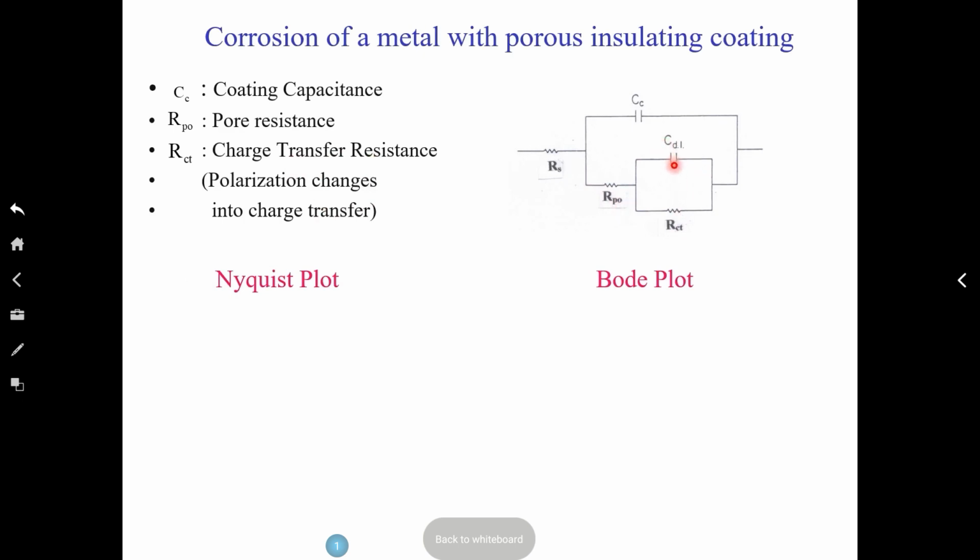And the double layer is still the same one at the interface of the liquid medium and the sample. And this other capacitor is the capacitance of the coating. You see, the circuit that you are picking is physically meaningful.